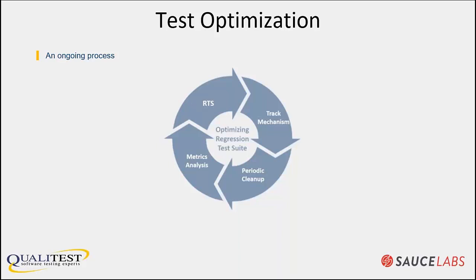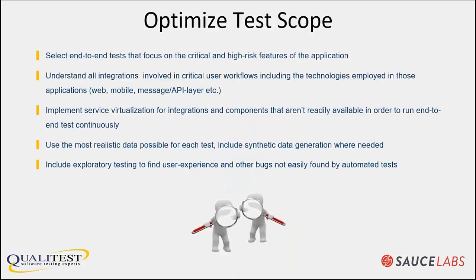Then we do a periodic cleanup, and we use metrics to continually analyze how our testing is doing. Is it effective? That's all part of continuous testing. So there are three ways of implementing test optimization, and we really need to do all three. First is optimizing the test scope, then we optimize the test cases, and finally the test suites.